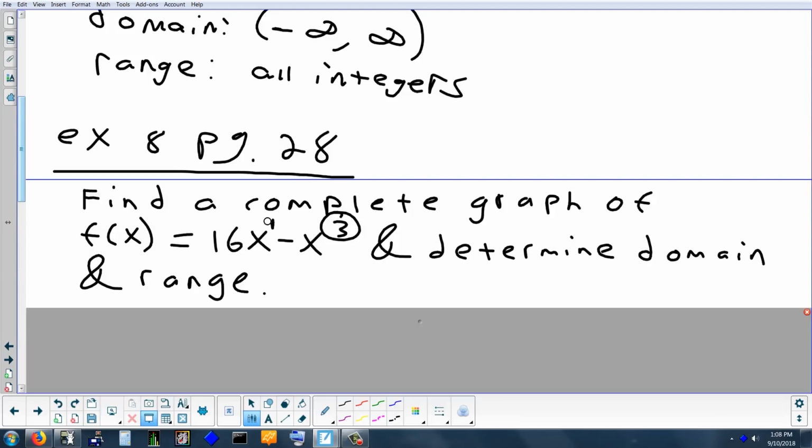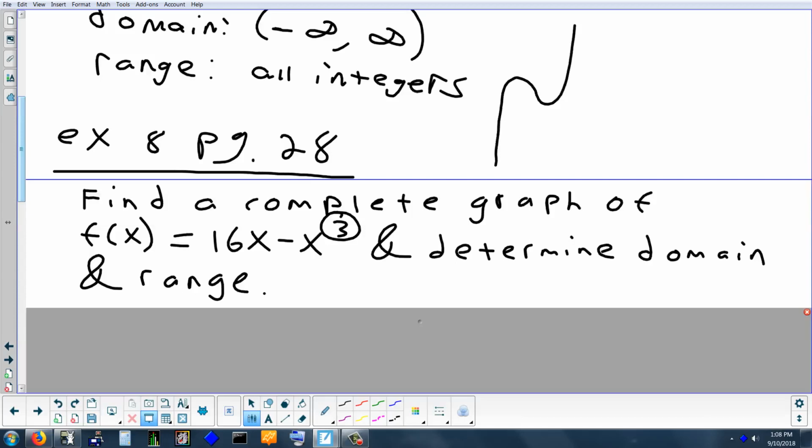If you subtract 1 from the highest exponent, that tells you how many turns the graph could take. Not necessarily will, but it tells you the most that it could take. So this kind of graph can turn twice. It can go up, turn down, and turn back up.